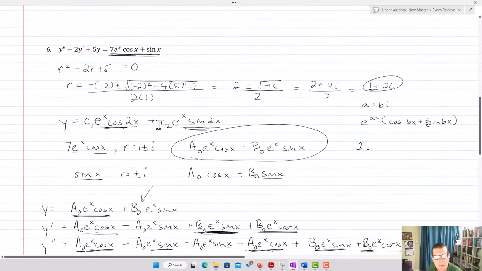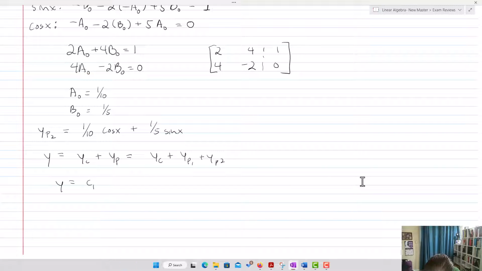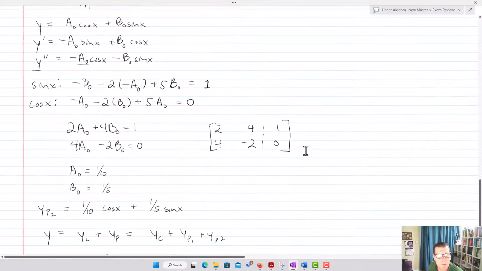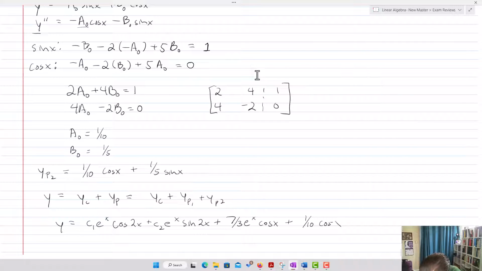So that's going to end up equaling, go back to C1, that's C1 e to the x cosine 2x plus C2 e to the x sine 2x. So that's going to be y equals C1 e to the x cosine 2x plus C2 e to the x sine 2x plus, we'll have the first part yp1, which remember was 7/3 e to the x cosine x, plus 1/10 cosine x plus 1/5 sine x.